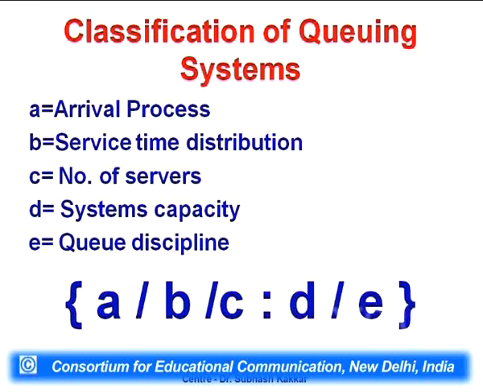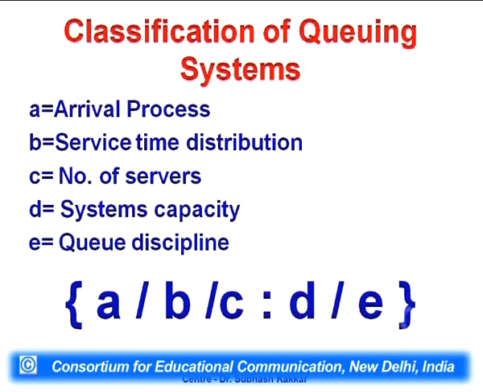It is denoted by A. Service time distribution is given by B, the second parameter. And C, the number of servers available, meaning the number of service centers available to take care of the customers. D is the system's capacity and E is the queue discipline.